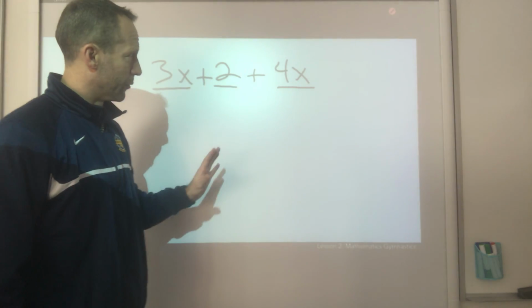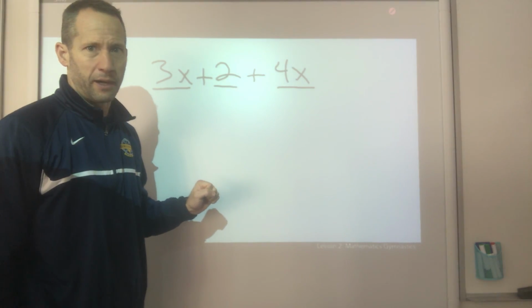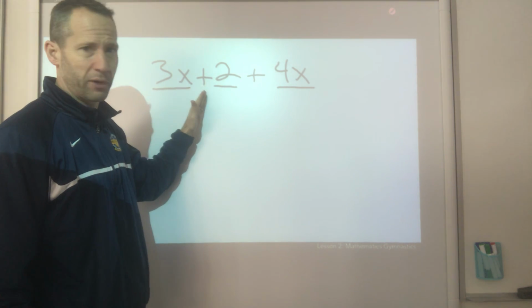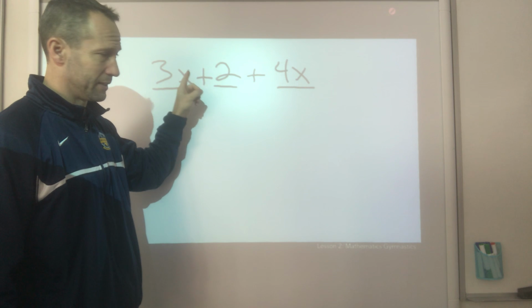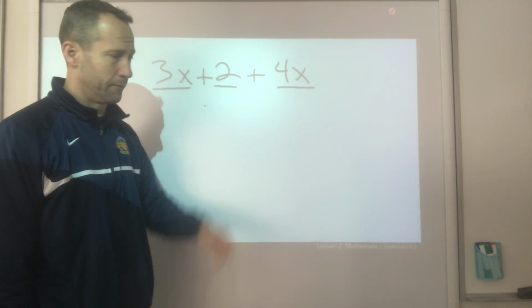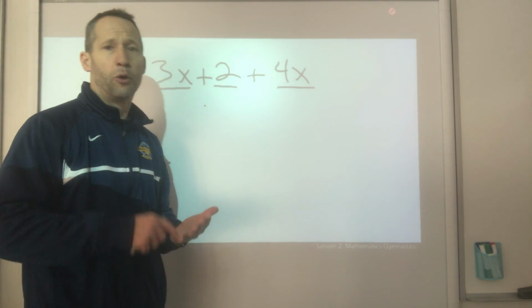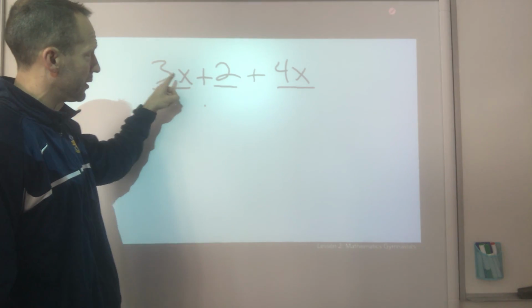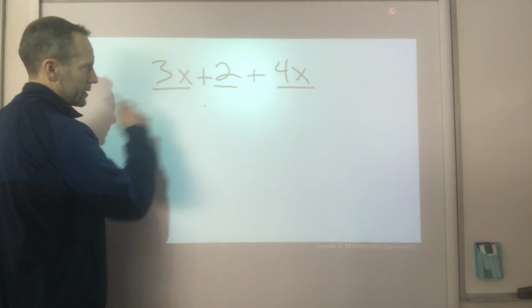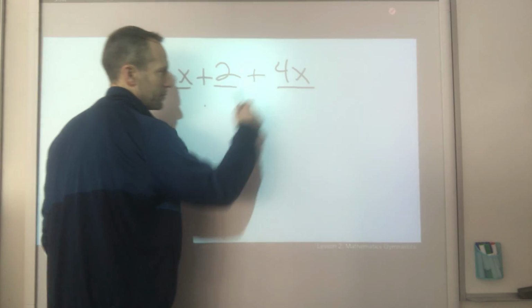A good way to identify the terms is that there are operations that separate the terms: a plus, a minus, a multiply, divide. Those are the things that separate out our terms. So terms are typically numbers or variables or a combination of a number and a variable.